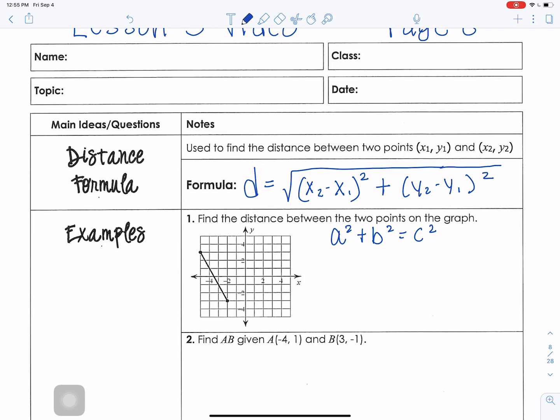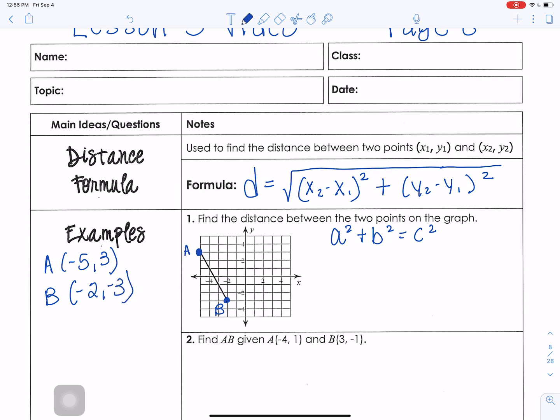So if you look over here, I've got these 2 points. I got this point right here at, looks like -5, comma 3. So I'll call this point A. So A is at -5, comma 3. And then I have another point down here, and we'll call this point B. And it looks like point B is at -2, -3.